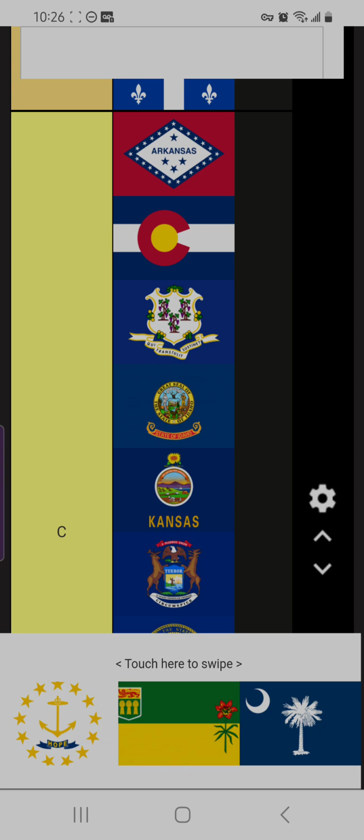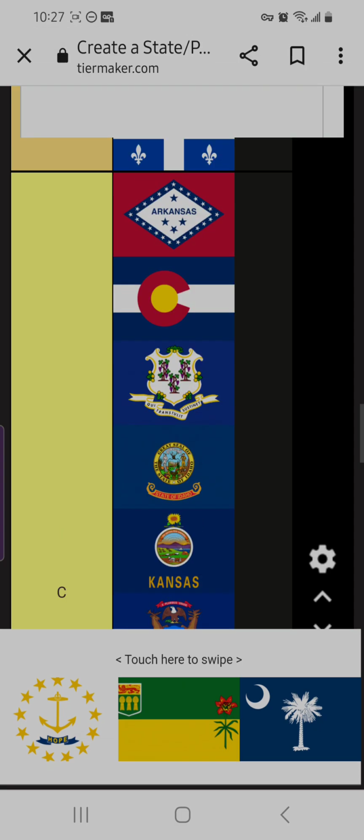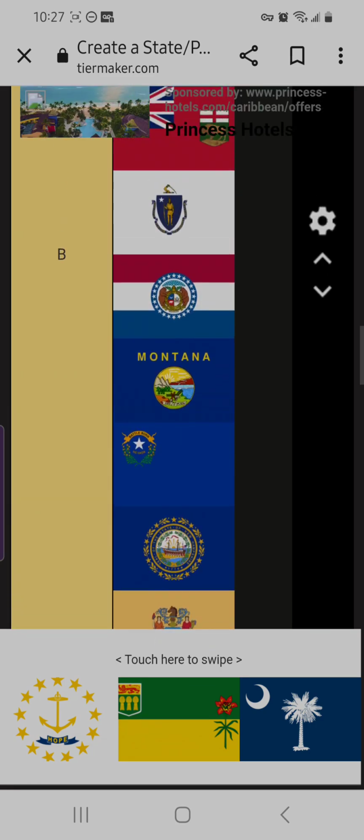I think this is the best flag out of New England. A minus. It's pretty similar to Prince Edward Island, and New Brunswick is pretty similar to Rhode Island. They're trying to do a sailing boat, and it works well for both of them.